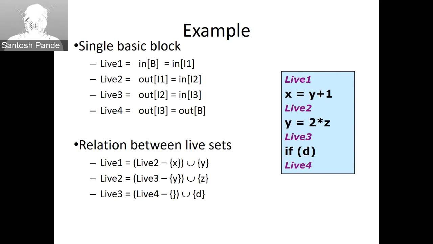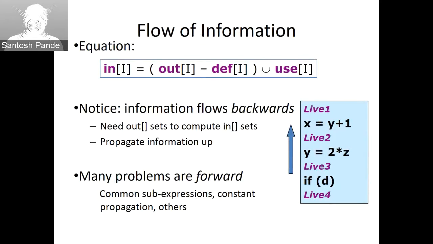So these are the liveness expressions between different program points, and they also become relevant and applicable at the basic block level. It is equal to out minus def union use. And although here they are shown between instructions, one could easily compute them by using the definitions and uses the way we have defined them.